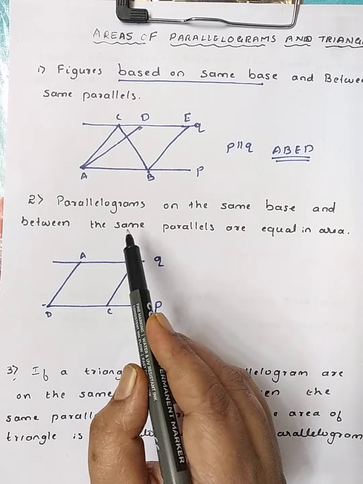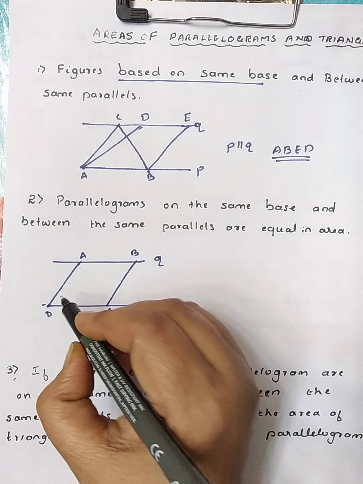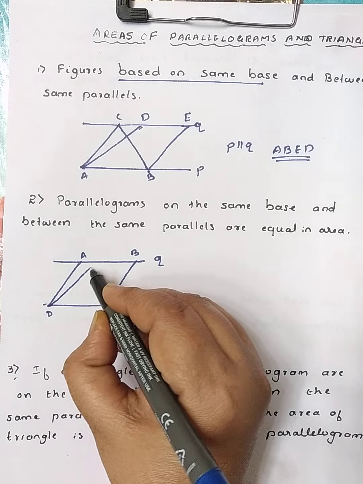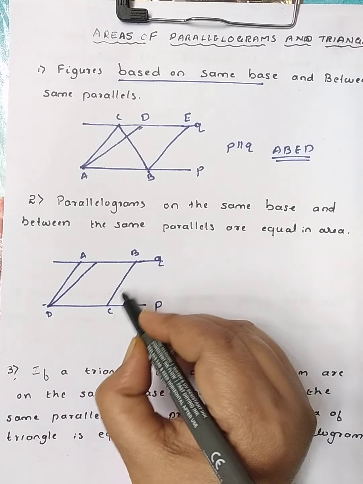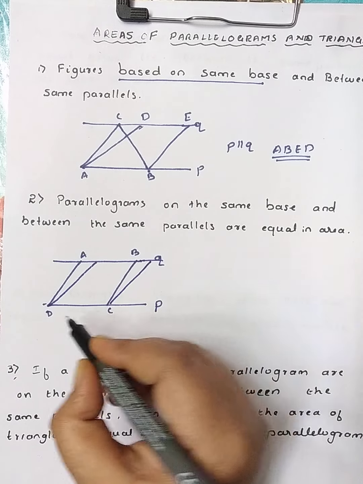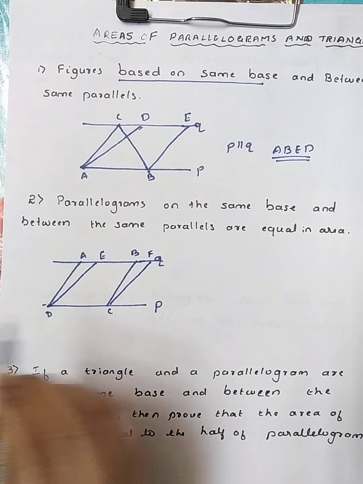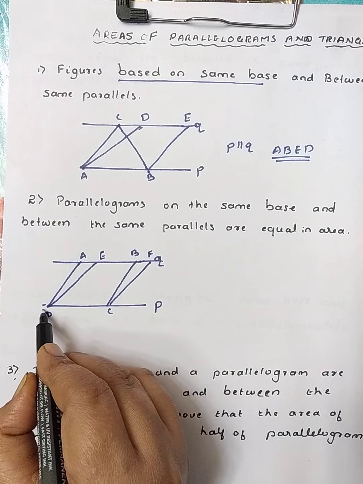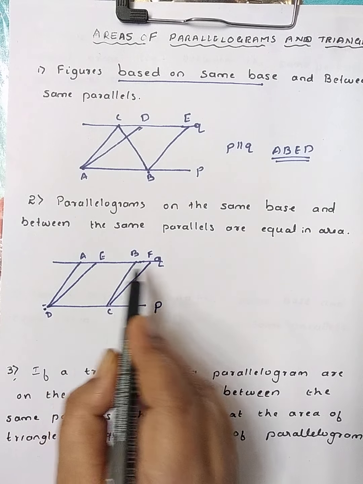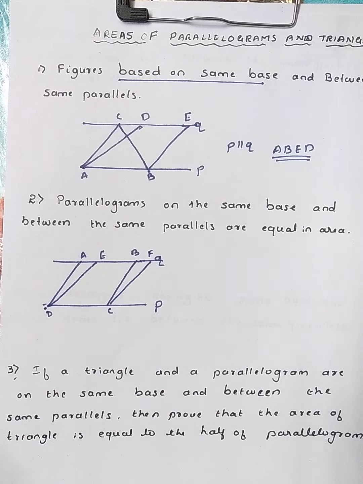Then again, two parallelograms are here. We will draw another parallelogram, suppose EFCD. See here, ABCD is one parallelogram and EFCD is another parallelogram.